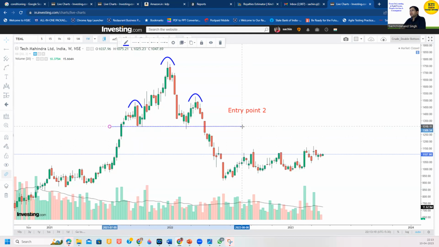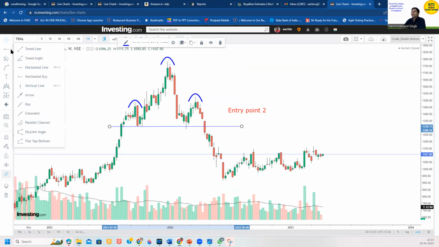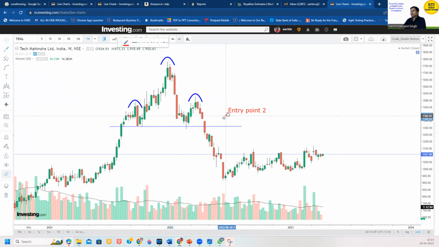Okay, so the horizontal neckline is the second level of the ideal situation. In this case, you are neither entering at the ideal position nor the lower position, but you are making an entry at the right position. So it's neither less nor more. This will be your entry point.